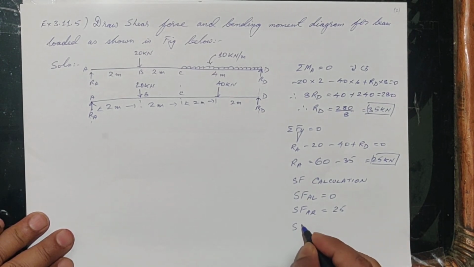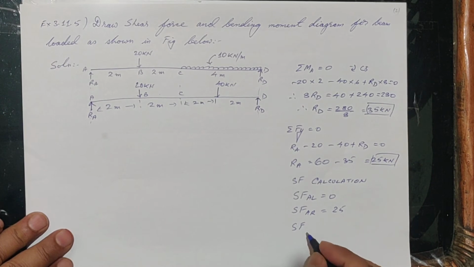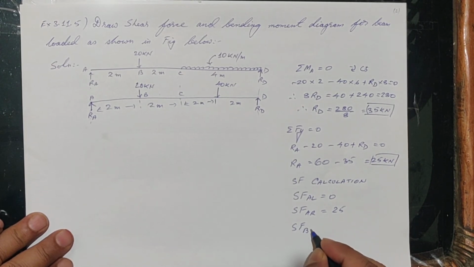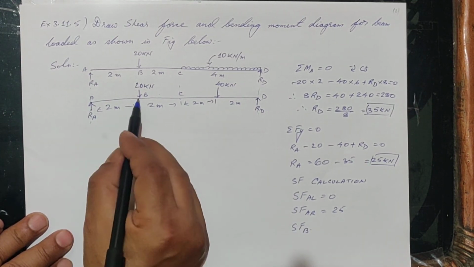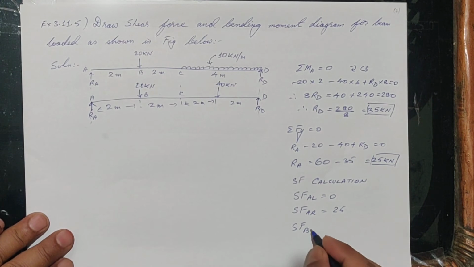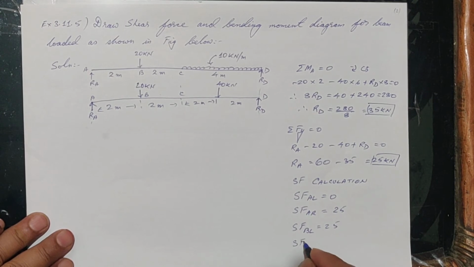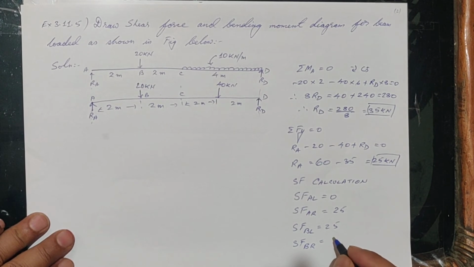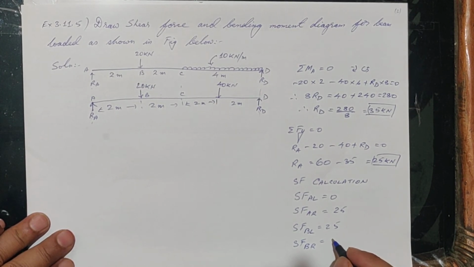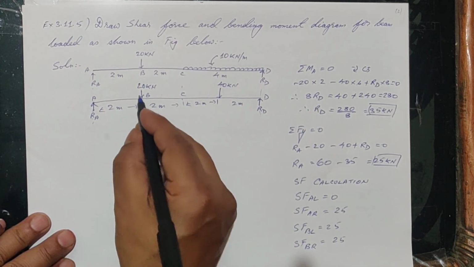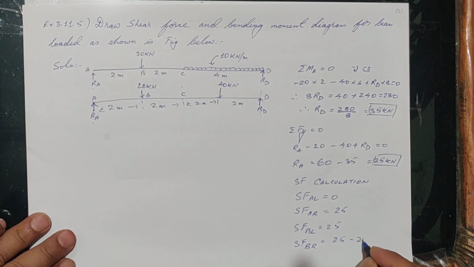Then SF at B. Till B we do not have any other force, so till B left will be 25 only. SF at B, right hand side, we have 25 minus 20, so it comes to 5 kilonewton.